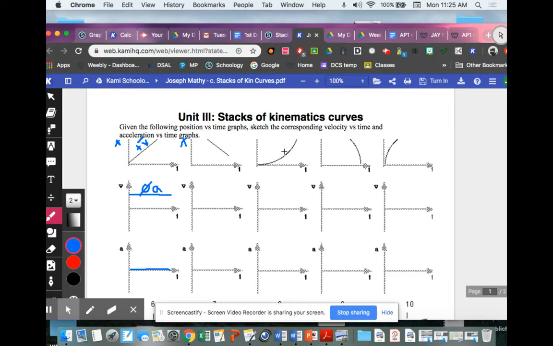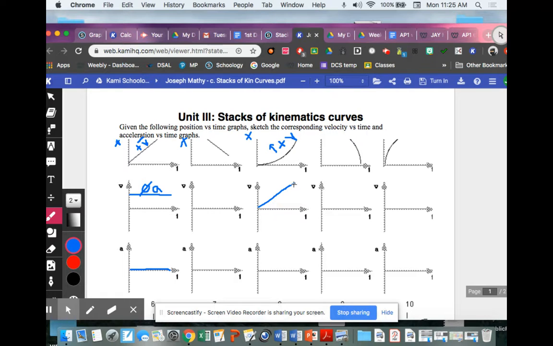So I'm going to skip over to this one because the slope is changing. And because the slope of a position time graph is velocity, then this right here is giving me an increasing positive velocity. That just means I'm speeding up. That's increasing positive velocity. Okay? What does increasing positive velocity look like down here?